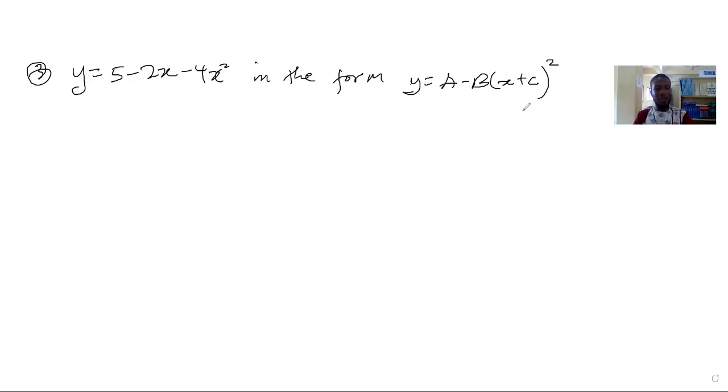Hence, state the maximum value of the function.